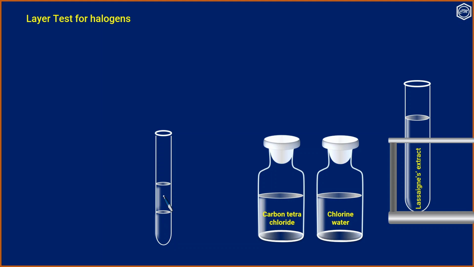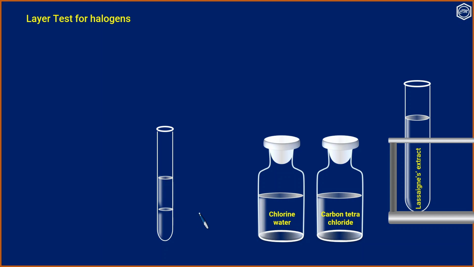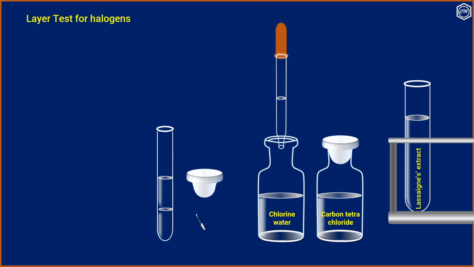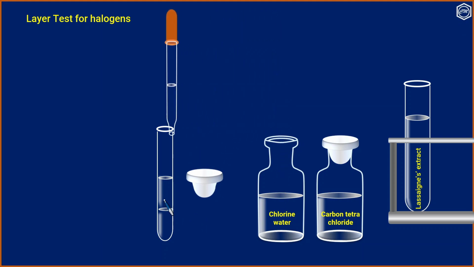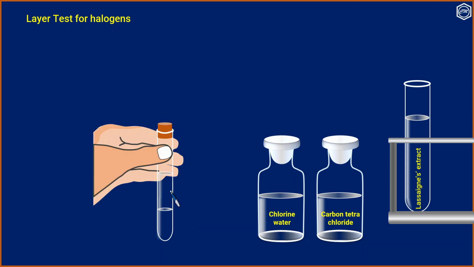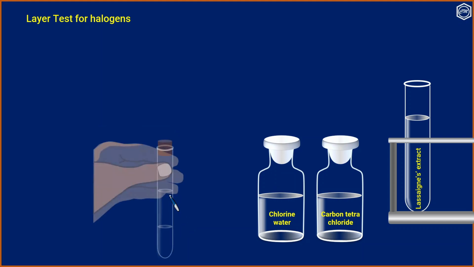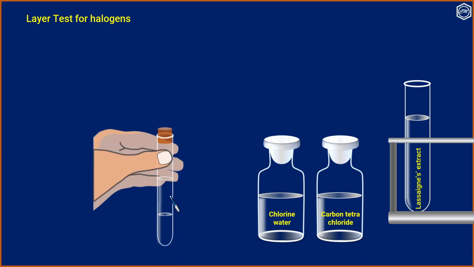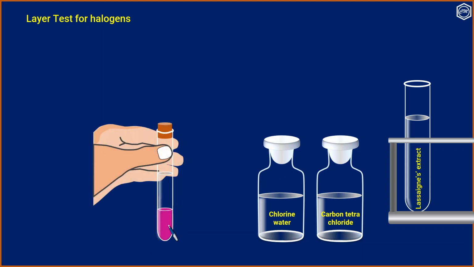Now we are going to add chlorine water to this solution. Again, using a dropper, we add some chlorine water to the solution taken in the boiling tube. Now we have to shake the solution well. For that, we close it using a cork and shake it thoroughly.